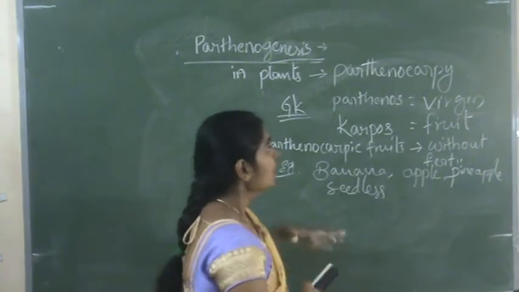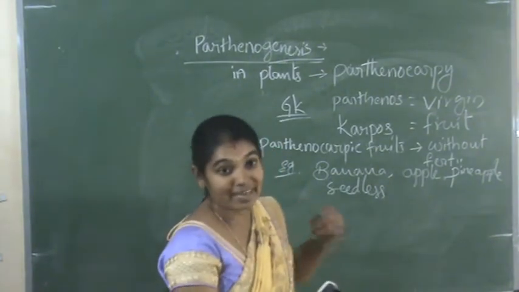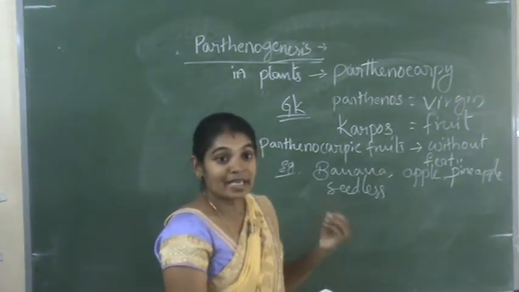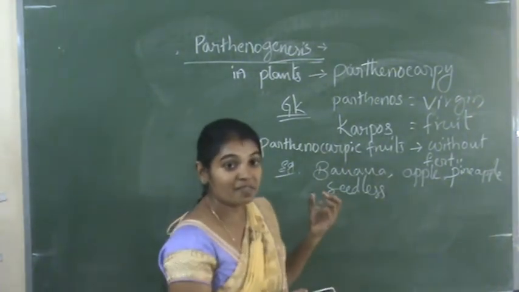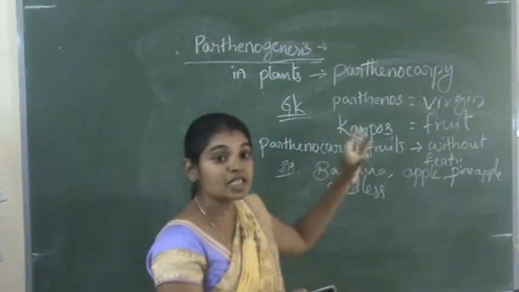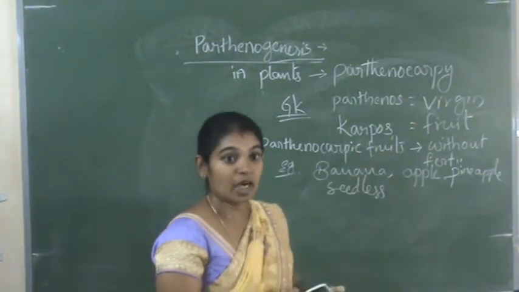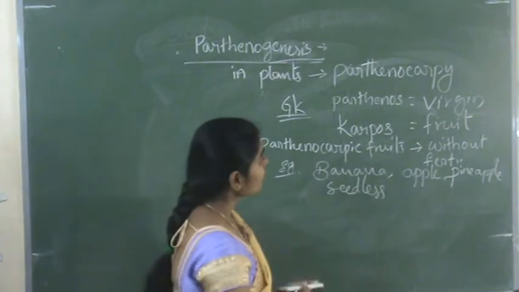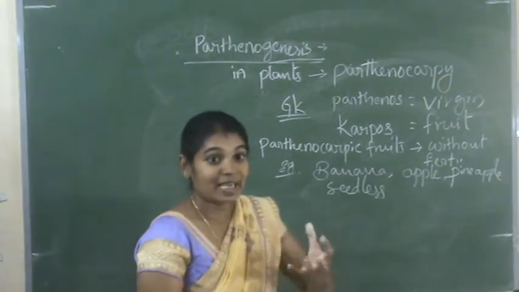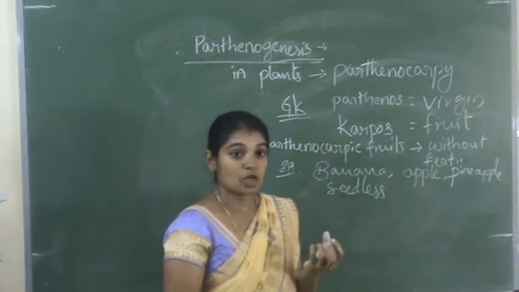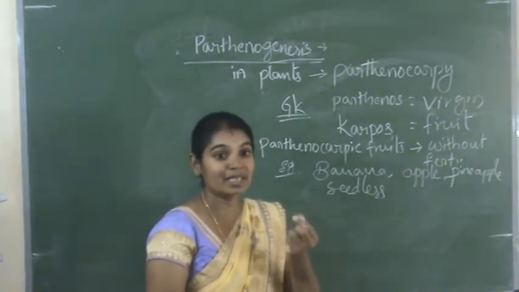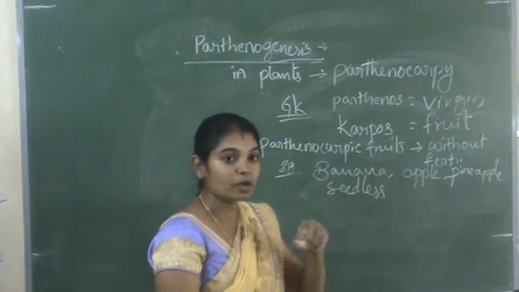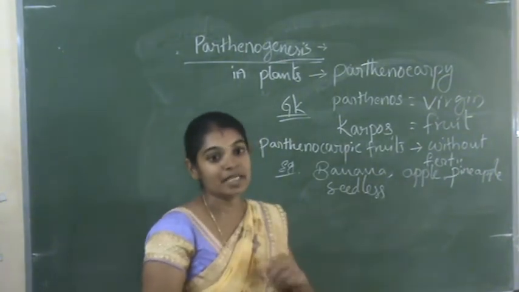So we know how parthenocarpy develops, but knowledge is required about where it should be applied. For which fruits is it possible to produce parthenocarpic fruits? For example, take the custard apple. A single fruit contains so many big black seeds, and around those black seeds the white pulp is present.